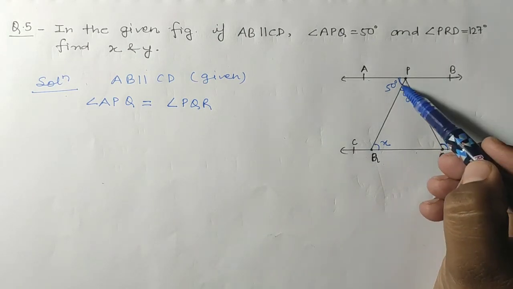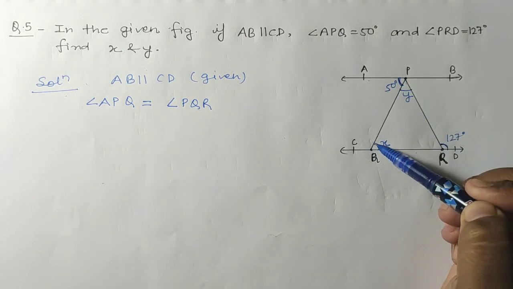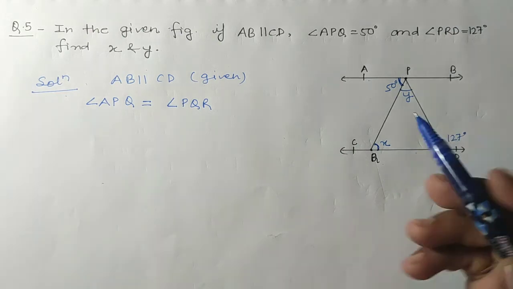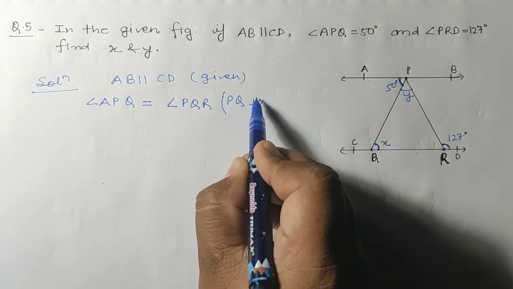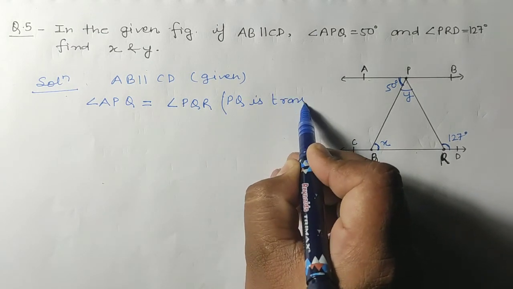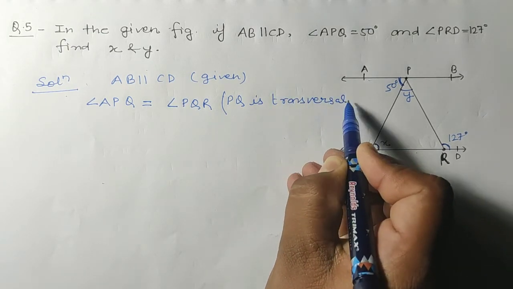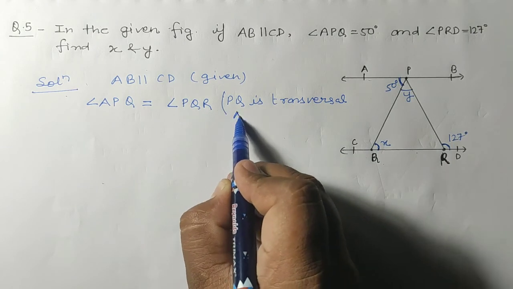Why? See, this angle and this angle will be equal because PQ is a transversal.